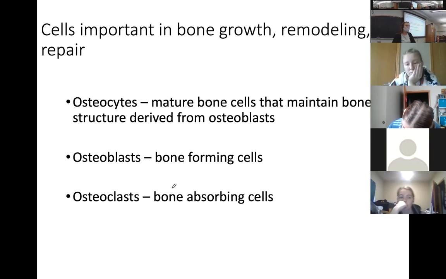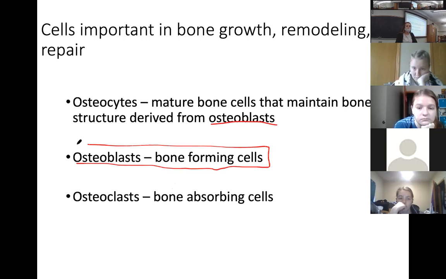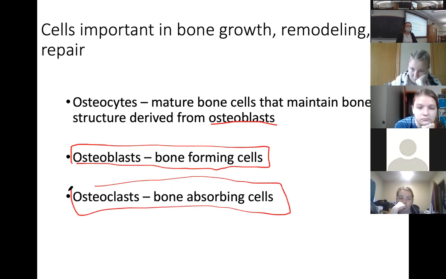But our body can most likely recover from that because of these different important cells. So the osteocytes are mature bone cells that maintain bone structure, and they are derived from osteoblasts. And osteoblasts are the bone-forming cells, and osteoclasts, which is the opposite, are the bone-absorbing cells. So they are grabbing and taking a part of the damage.